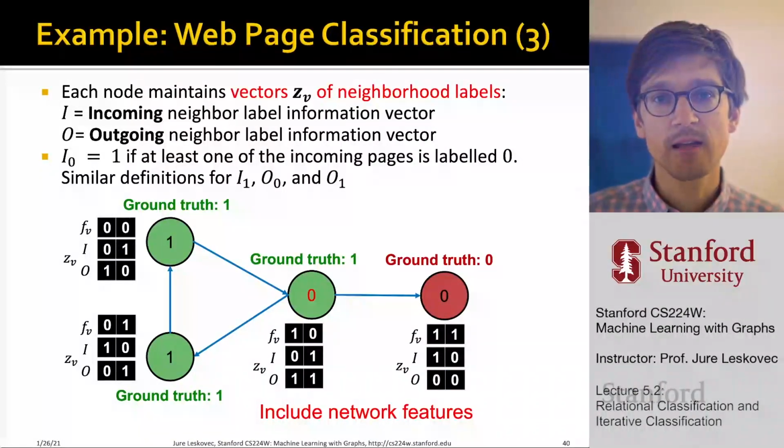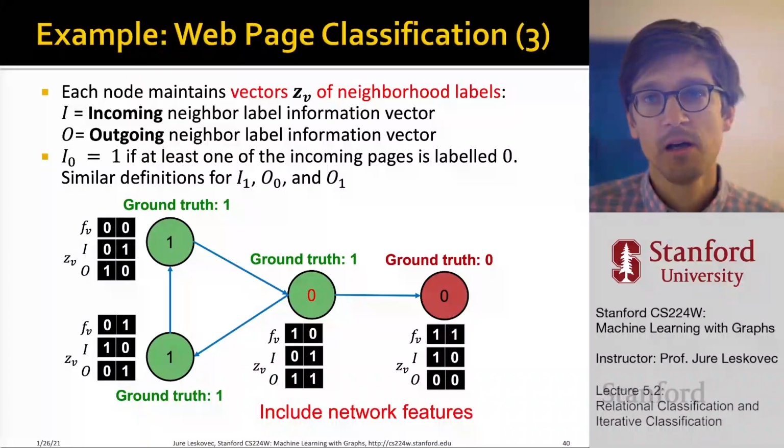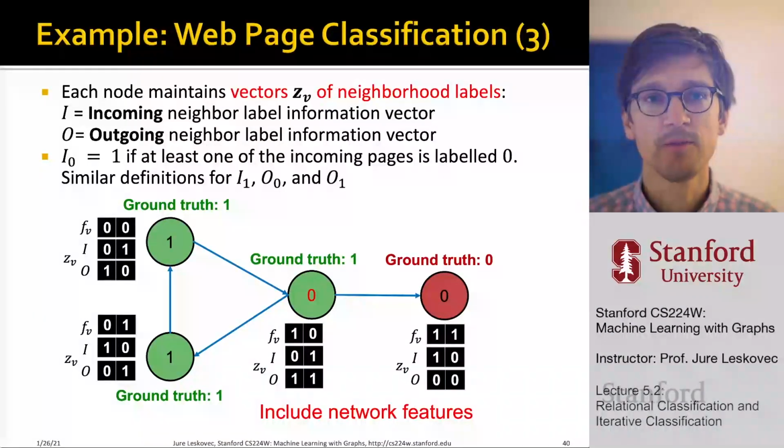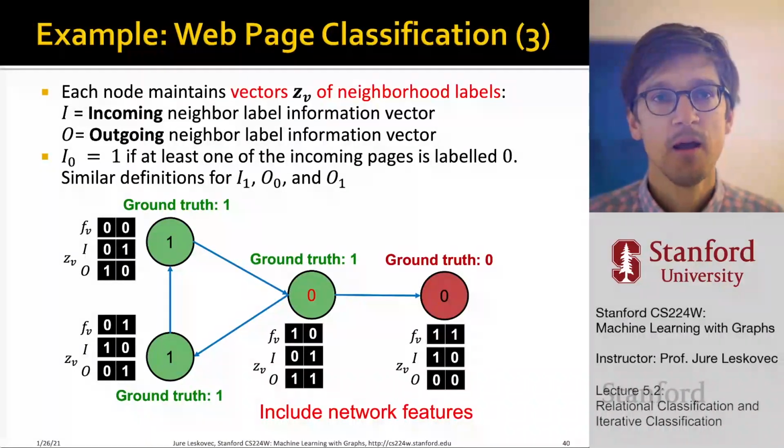And given that this is a directed graph, we are going to use a 4-dimensional vector to capture the statistics. Basically, we are going to have two parts to this vector z, a part I and a part O. I is about incoming and O is about outgoing neighbor label information. And we will say that, for example, I0 is set to 1 if at least one of the incoming pages, one of the pages that links to this node of interest, is labeled 0. And we will use similar definitions for I1, O0 and O1.